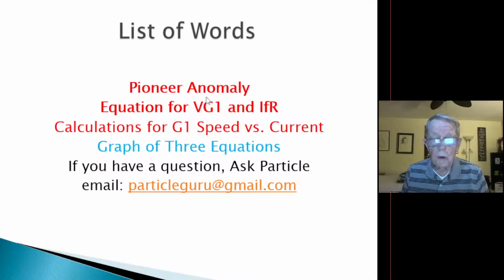Well, I've been going through a list of words, and the words I've been really emphasizing for quite a while now are the equations. Last time I went through the calculations for the speed of the current. That's still the same. I haven't changed it. But now I'm going to graph the three sets of equations: one for the standard model, one for the TPM without speed, and one for the TPM with speed.